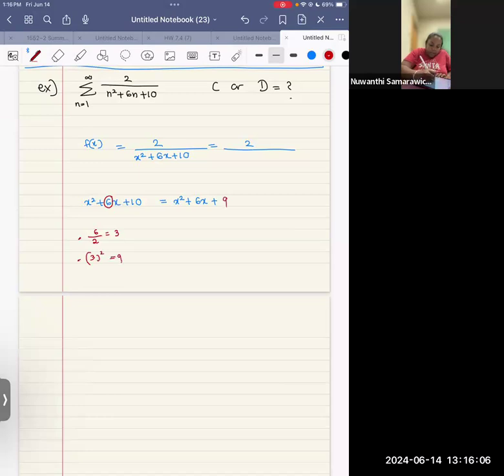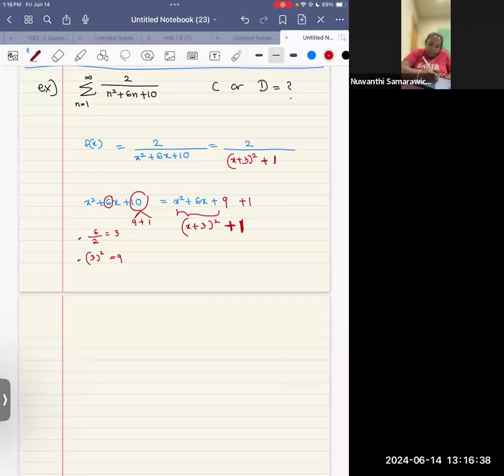So if I add 9, this whole thing is (x plus 3) squared. And because it's 10, I just write 1. So what I did is, I wrote 10 as 9 plus 1, so that I can write a perfect square binomial. I will explain why I'm doing this. So you will get (x plus 3) squared plus 1.